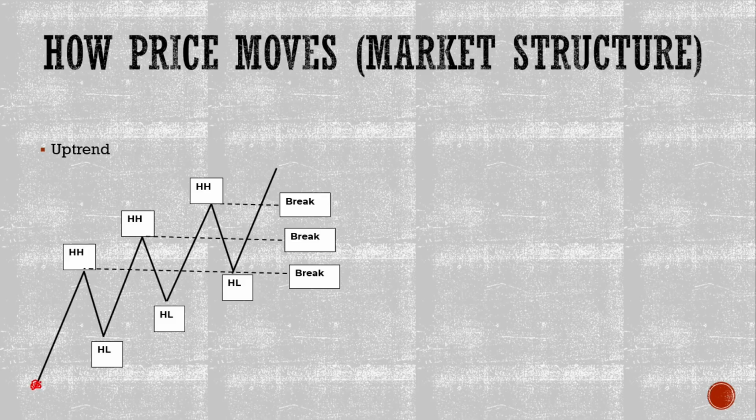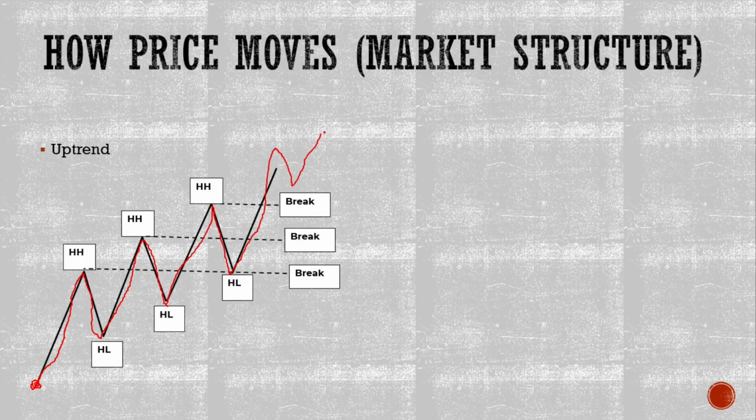If price is in an uptrend, let's say it was right here, it will make a push, pull back, push, pull back, or impulsive move, retracement, impulsive move, retracement, and so on.